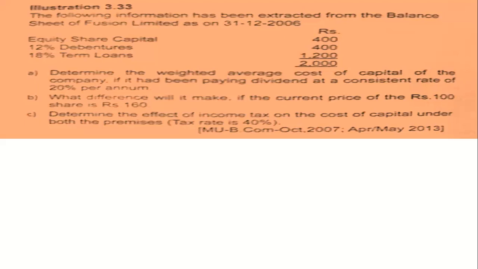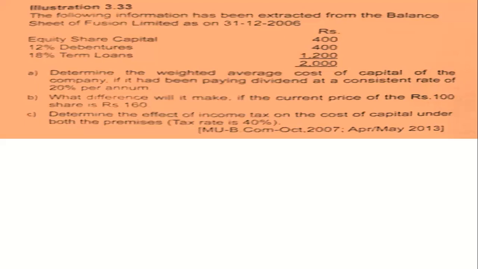They have given particulars of capital: equity share capital, rupees 400, 12% debentures 400, 18% term loans 1200, and total value of capital is 2000. Determine the weighted average cost of capital of the company if it had been paying dividend at a consistent rate of 20% per annum.